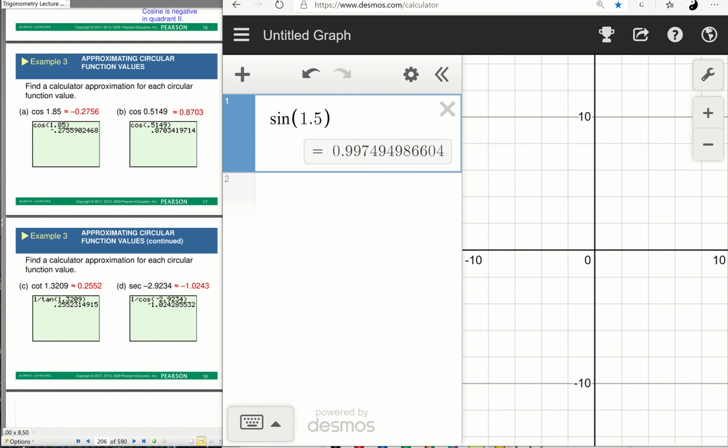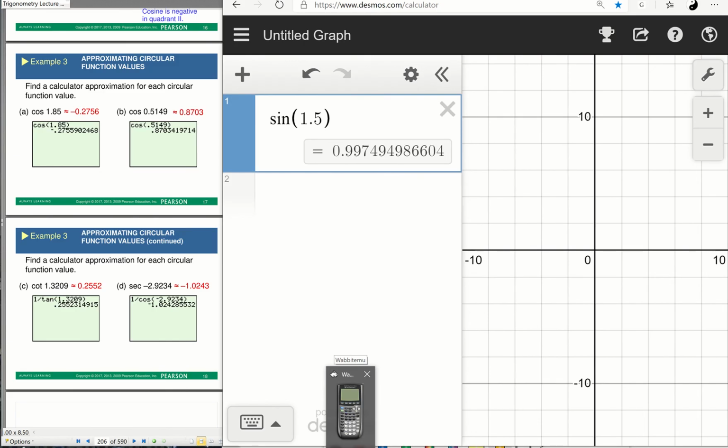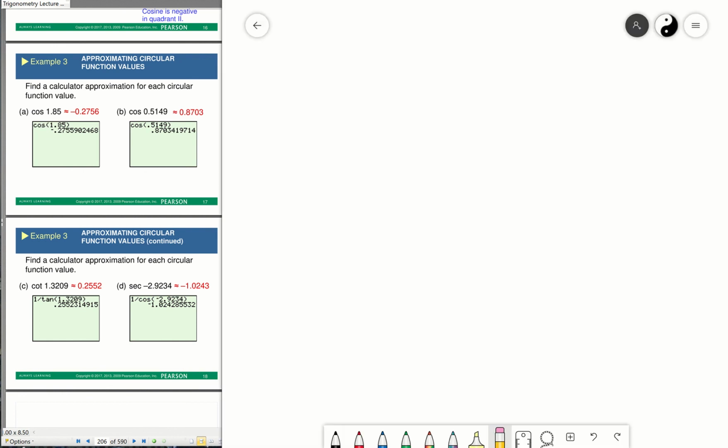Now, if you want, say, the cotangent or the tangent, you would need to actually use a reciprocal function. So for example, let's say that we want the cotangent of the same angle we were looking at, say 1.5.